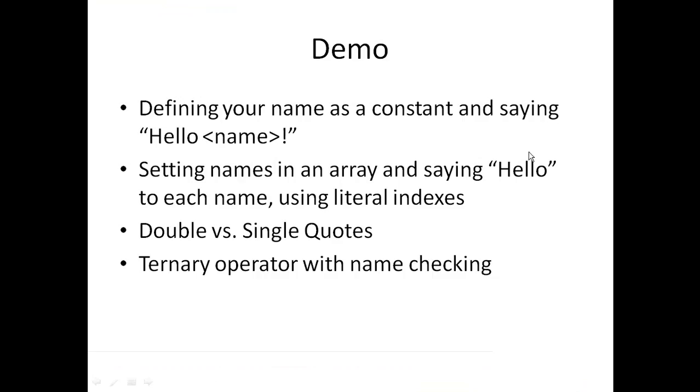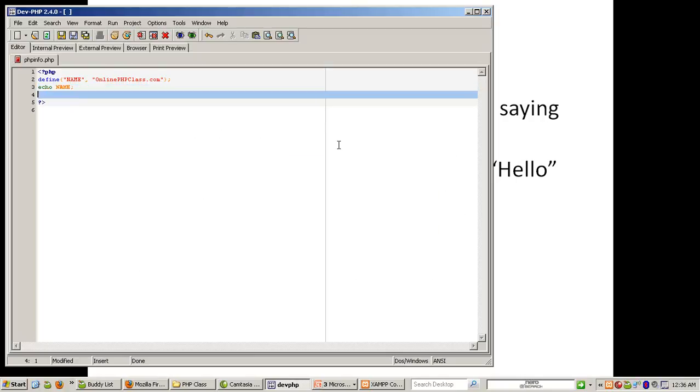Setting names in an array and saying hello to each name using literal indexes. Okay, so names equal array. Actually, if you're going to use numerical indexes, you don't need to put the numbers. So I can say Tom, John, Greg, Sam, oops, I forgot a comma, Charlie, Cindy.